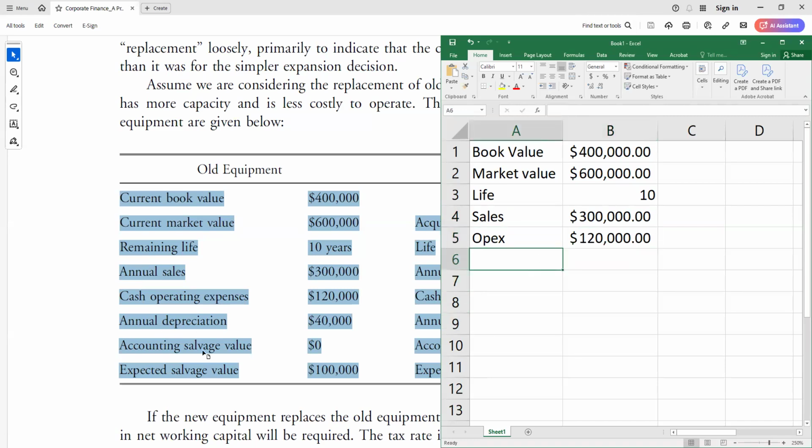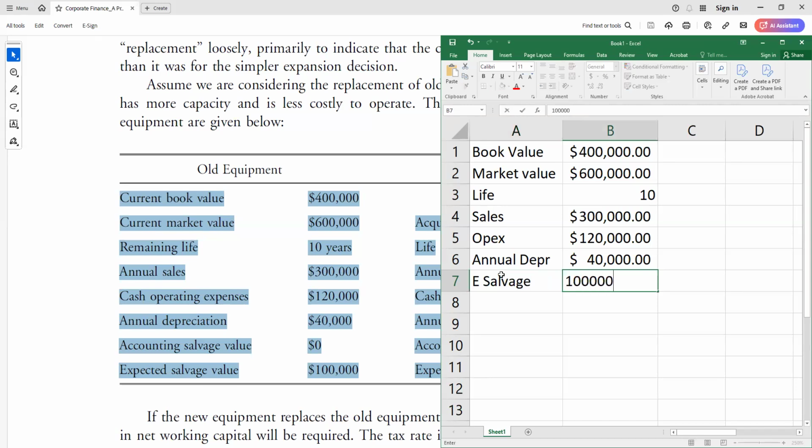And I have annual depreciation, which is 40,000. Accounting salvage value is not given, so I don't need it. Expected salvage, 100,000.